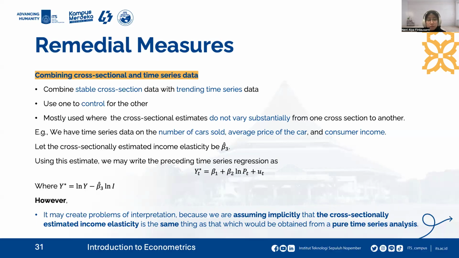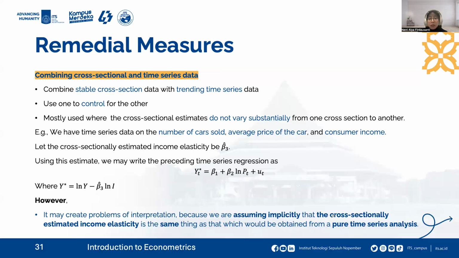However, here it might create a problem of interpretation, because we are assuming implicitly that the cross-section estimate of income elasticity is the same as that which would be obtained from the pure time series analysis. So this is what you have to take note of and pay attention to.